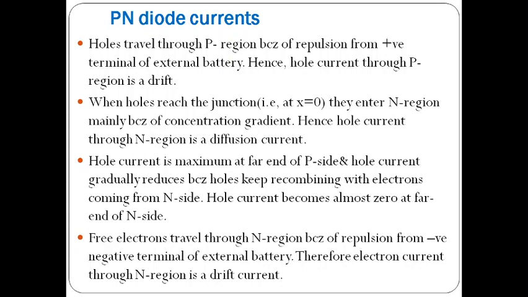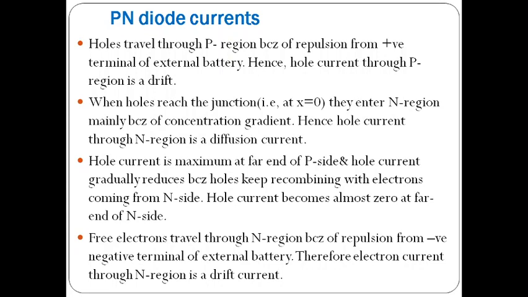Holes travel through the P region because of repulsion from the positive terminal of the external battery. Hence, the hole current through the P region is drift. So in forward bias, we are connecting the positive terminal of the battery to the P region and the negative terminal of the battery to the N region.